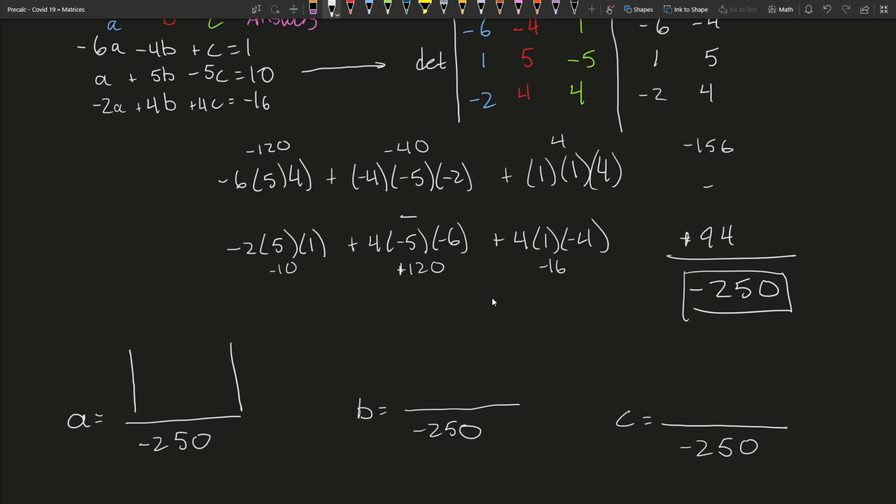So for A, our matrix is the coefficient matrix, except our A column is going to be replaced with our answer column. And then everything else is the same.